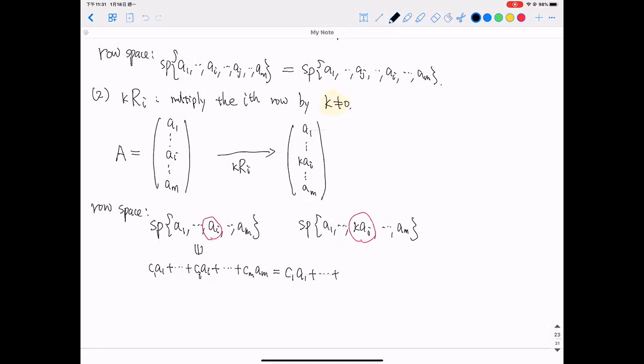Therefore, I'm allowed to divide by k. Of course, I can't do that without changing the expression, so to keep the same expression, if I divide by k, I should multiply by k. Now, the point is that this is a linear combination of the A's with Ai replaced by kAi. So that's an element in this new span.